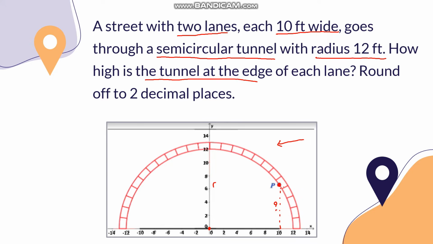We know this one is 10. If we get the coordinates of this point, the x is 10 because that is the width of our lane, and we don't know the height, so that is y. So y is missing. In short, given our semicircular tunnel with a radius of 12 feet, what is the value of y given that x is equal to 10? That is what we need to solve now.